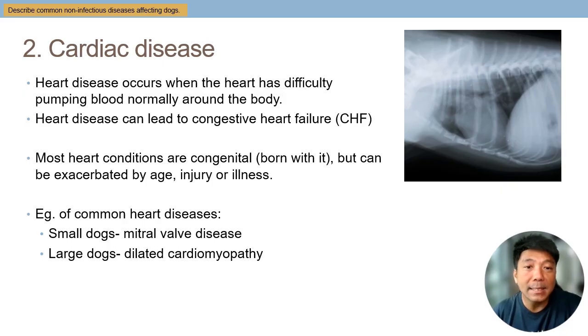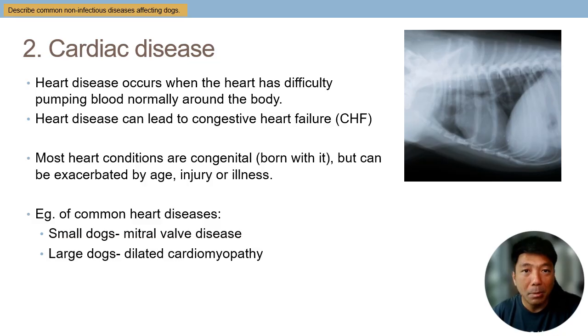Let's discuss cardiac disease, which refers to any condition affecting the heart's ability to pump blood effectively. Heart disease can lead to congestive heart failure, CHF. Some heart conditions are congenital, meaning dogs are born with them, while others can develop later in life due to factors like obesity or age.